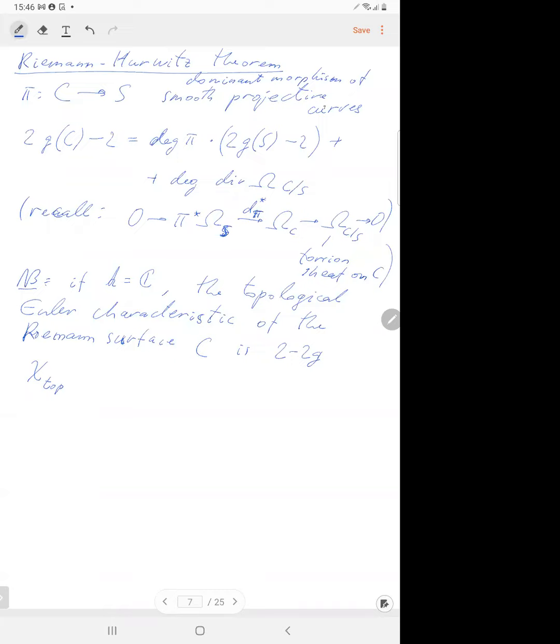The topological Euler characteristic of C equals the topological Euler characteristic of the base curve S times the degree of our covering minus the degree of the divisor of relative differentials. So this measures the ramification.